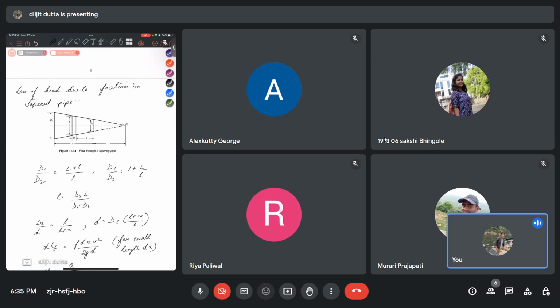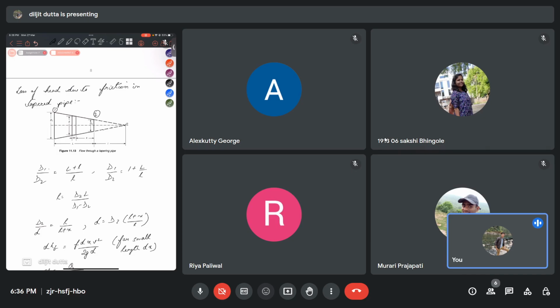So let us take two sections, section 1 and section 2. At section 1 the diameter is d1, and at section 2 the diameter is d2. Since this is a trapezoidal section, the ratio of the two diameters d1 by d2 will be proportional to the length, and this length is measured from a point O where the two sides meet. So this will form an isosceles triangle.